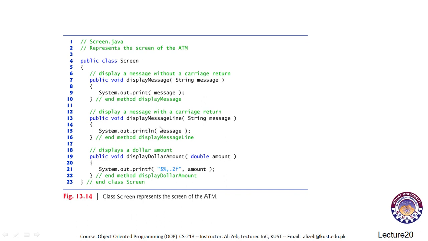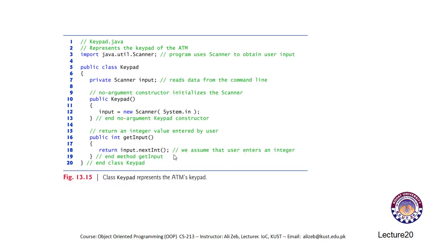Similarly, we can have other methods for displaying the messages on the screen with their particular format. So the screen class will basically display our messages on the screen, and these messages will be activated by the other classes, since we have an object of the screen class in most of our other classes. Similarly, we have a keypad.